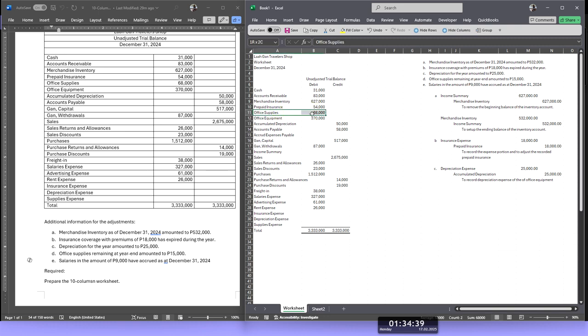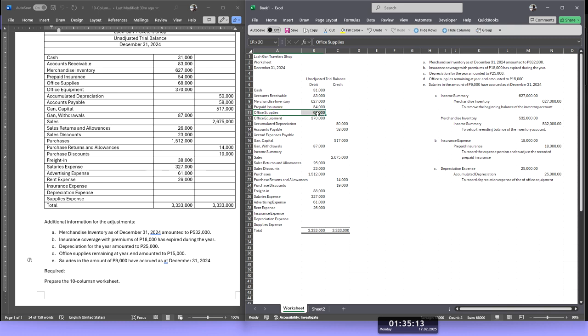So this is still an asset in the unadjusted trial balance. But at the end of the year, it was determined that the remaining unused asset is only 15,000. So a portion of this 68,000 total available office supplies has been used during the year. The used portion is the expense portion.